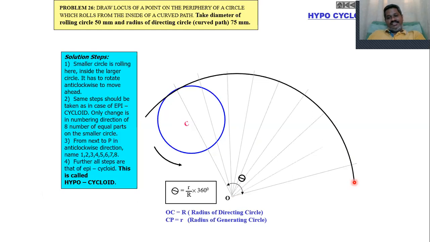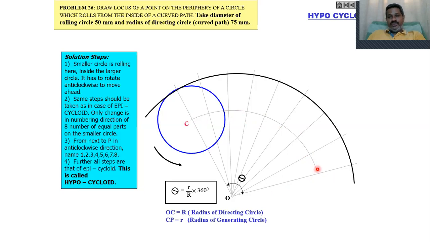And after dividing this sector into a convenient equal number of divisions, in this case I have divided into 8 equal divisions, now I am going to draw an arc which is concentric to the directing circle from the center point of the generating circle like this, up to the end of the sector.